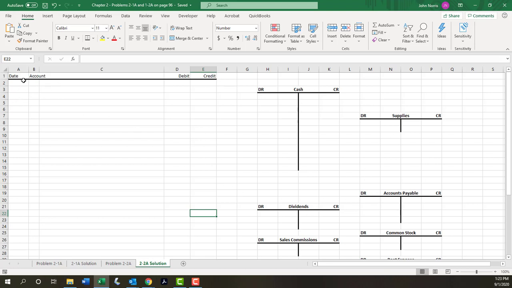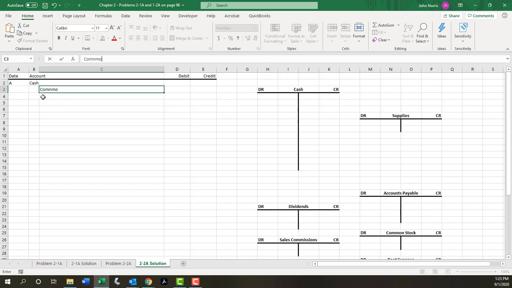So, transaction A is Jay Crawley transferred cash from a personal bank account to an account to be used for the business in exchange for common stock. So cash is the debit and common stock is the credit, and the amount was $40,000.